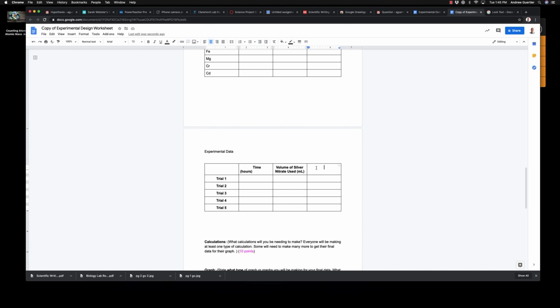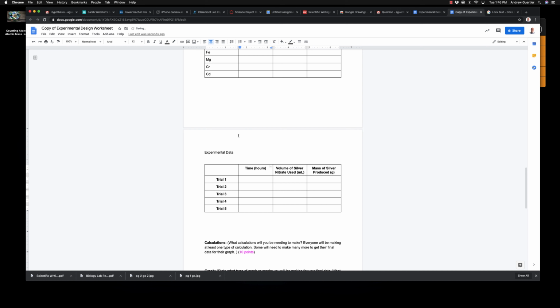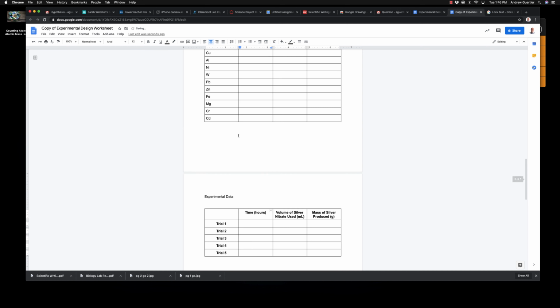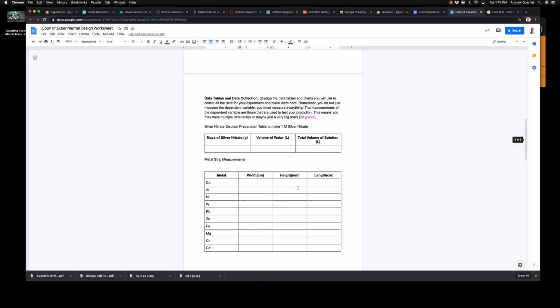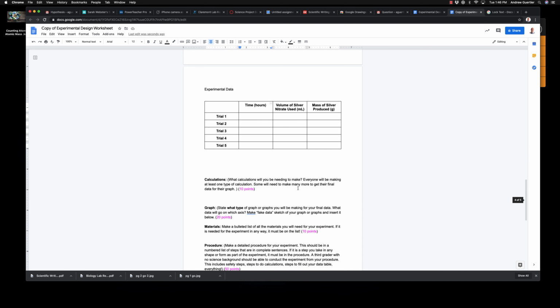Then we can do mass of silver produced in grams. All right. Let's see if I missed anything else. So there's my data tables that I'll need.